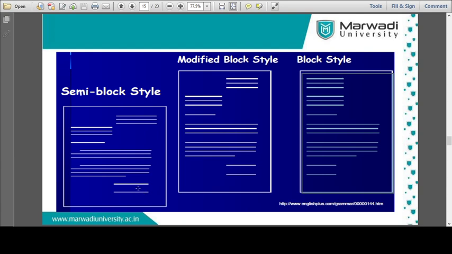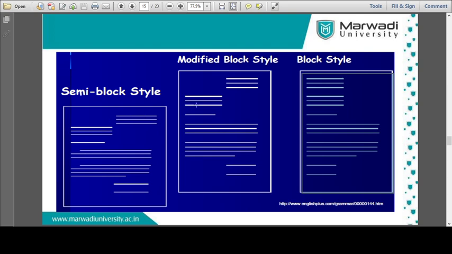If you see semi block style, then the address starts on the right hand side, and the ending complimentary close is also on the right hand side. So this we need to remember. That is why, instead of remembering all the detailed knowledge, if you want to be free from it, then you can go with the block style.